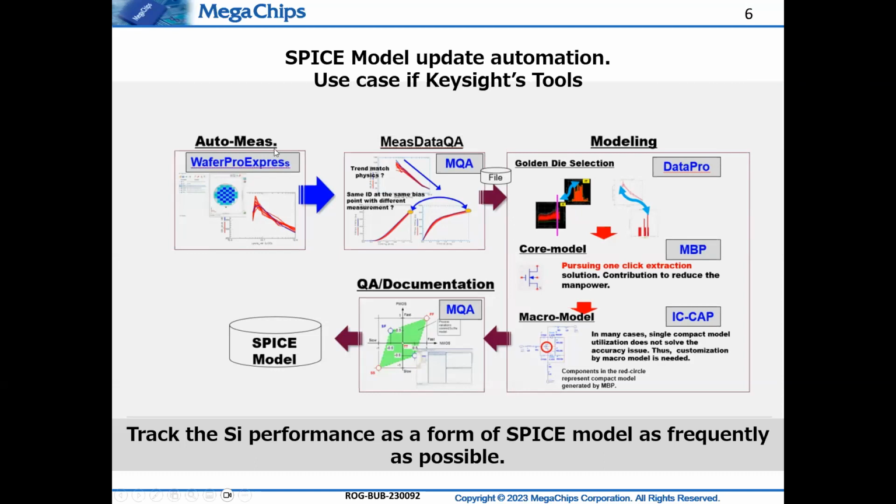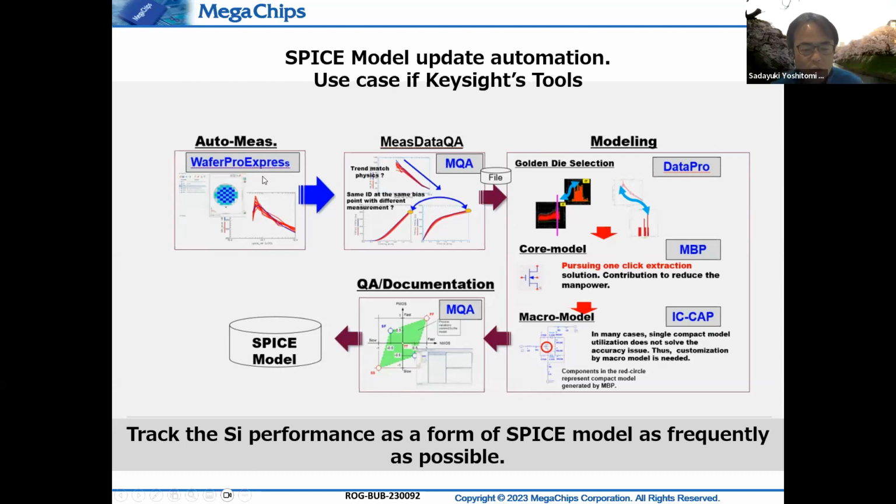Oh, okay. This SPICE model automation flow starts from the auto measurement scheme, which I wrote down in this slide. This measurement scheme is already automated, and I can explain it in my following slide.